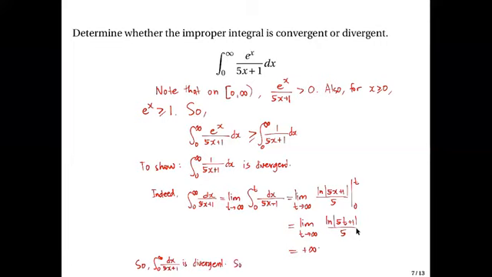So is the integral from 0 to plus infinity of e to the x over 5x plus 1 dx. So it's like the comparison test. This is actually the comparison test for improper integrals. It has its own name.